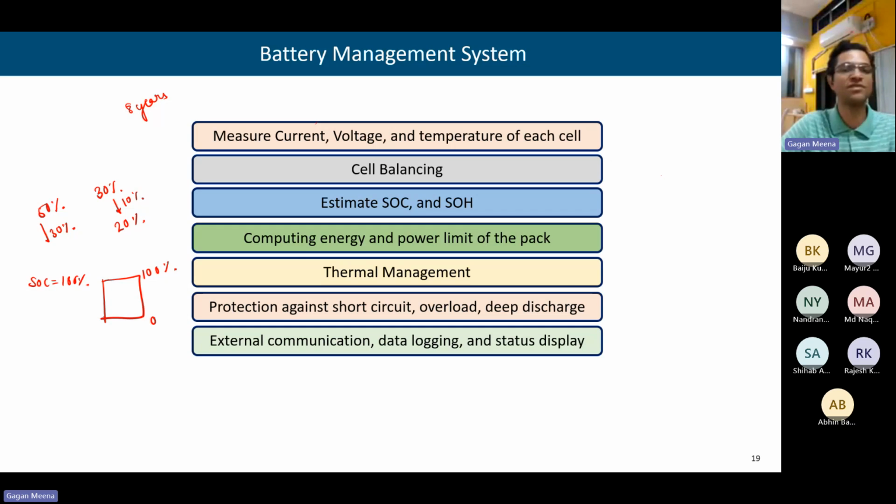It also estimates the SOC and SOH, which is important to know the status. Then it computes these different limits. Thermal management is also part of it. The design of the cooling system is different, but the sensing of temperature and keeping it below the limit are all part of the battery management system. Then protection against different types of faults, and finally communication.